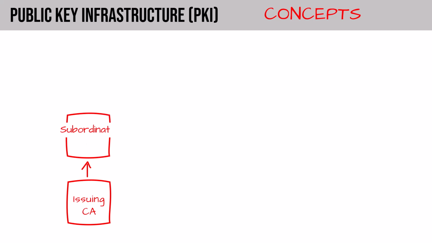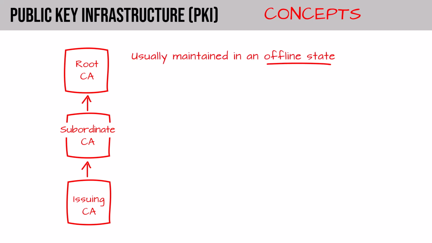For best security, you'll see a 3-tier PKI system with an issuing CA as the first layer, a subordinate or intermediate CA, sometimes called a policy CA, as the second layer, and then a root certificate authority at the top. So the root CA is usually maintained in an offline state. This will typically only be brought online for specific operations, like issuing certificates to new subordinate CAs.